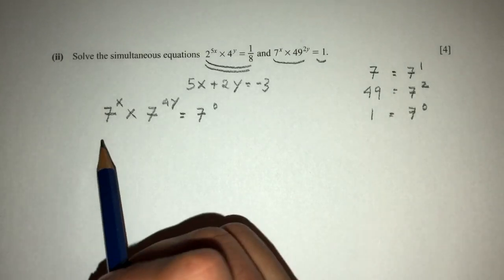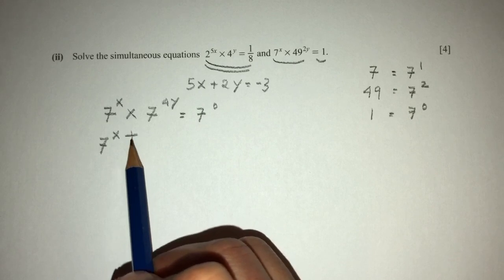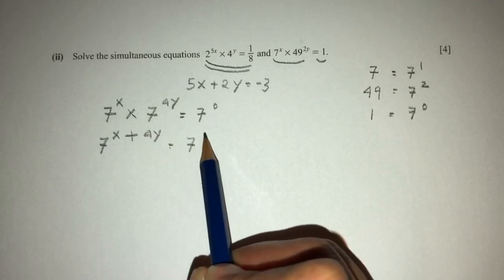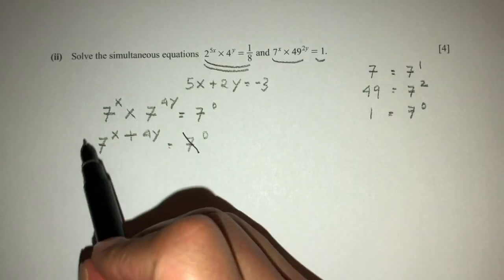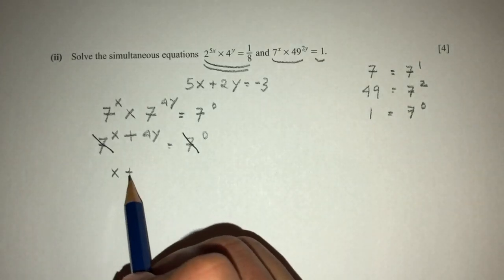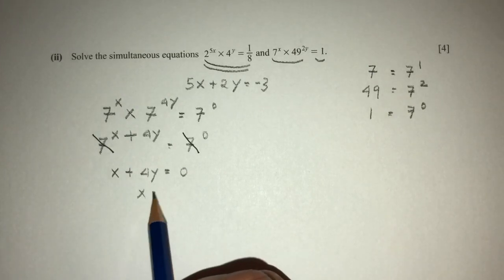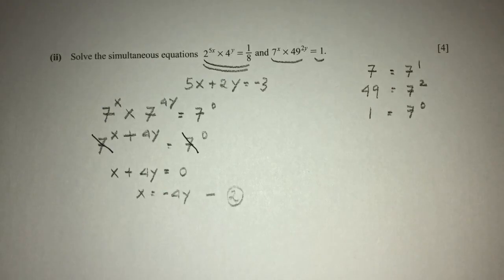So here you will have 7x, multiply becomes plus, here we have 4y, and that will be 7 power 0. Now as you can see, they have the same base, we can cancel out. So you will have x plus 4y, that will be 0. So x will be minus 4y, and that will be my equation number 2.